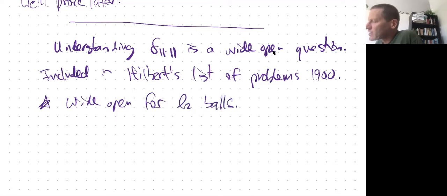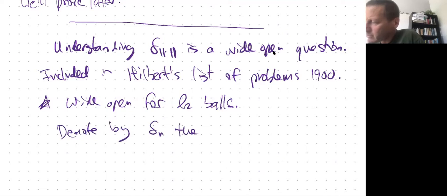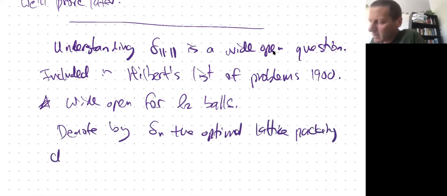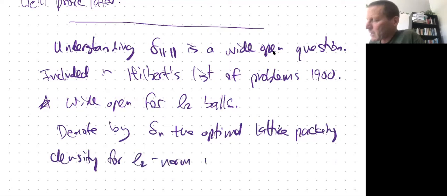And what's known about it, and that's the most famous case. What's known about L2 balls, there's a couple of bounds. And so let's denote by delta n the optimal lattice packing density for the L2 norm in Rn.